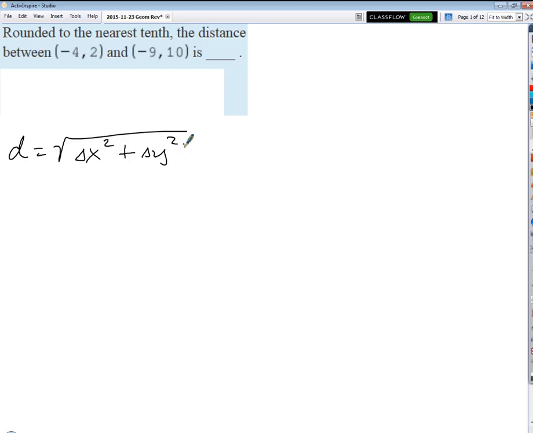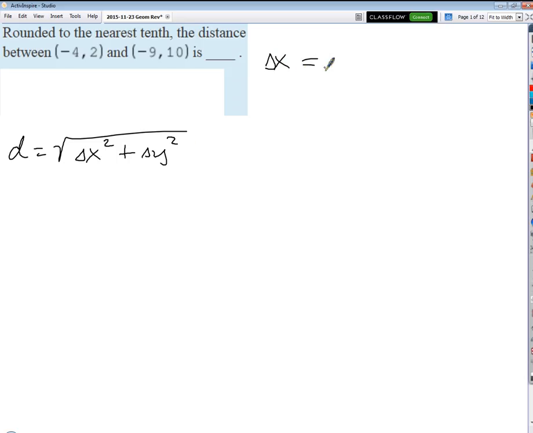And so really all we have to do here is just find out what delta x and delta y are, plug them in, and I would claim this is one that everybody should get 100% right on the test, or on your retake if you've already taken it, because it's a calculator question. All you have to do is find out what those numbers are, plug that square root into your calculator and get an answer. That's it. There's really nothing too horribly complicated about this.